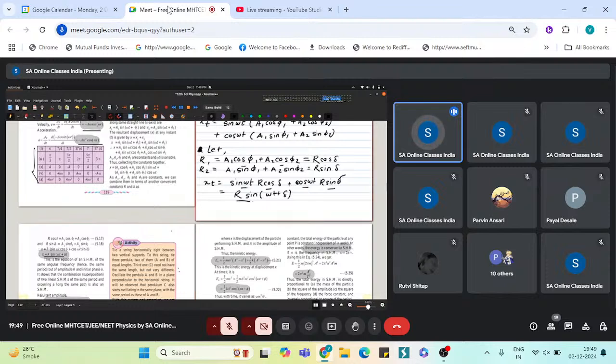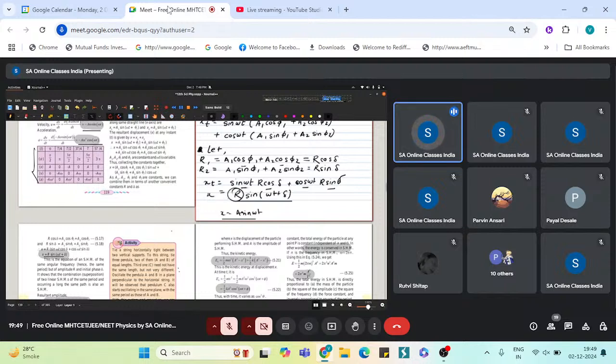Right now, if we look at this equation, we quickly realize that this is also an equation of simple harmonic motion, because we have been writing x is equal to A sin omega t so far, right? So this is exactly the same equation with just A replaced with R. So what that essentially means is, doing all this mathematical jugglery, we get R, which is the amplitude of this resultant SHM.